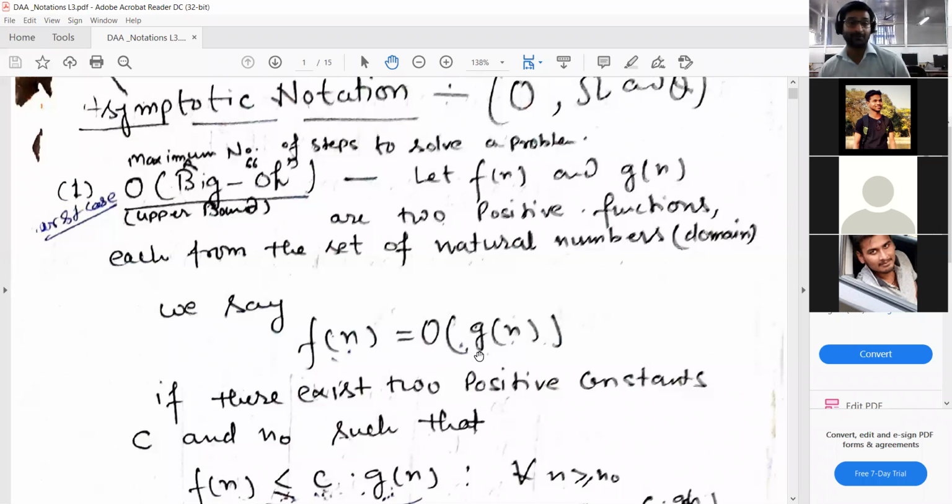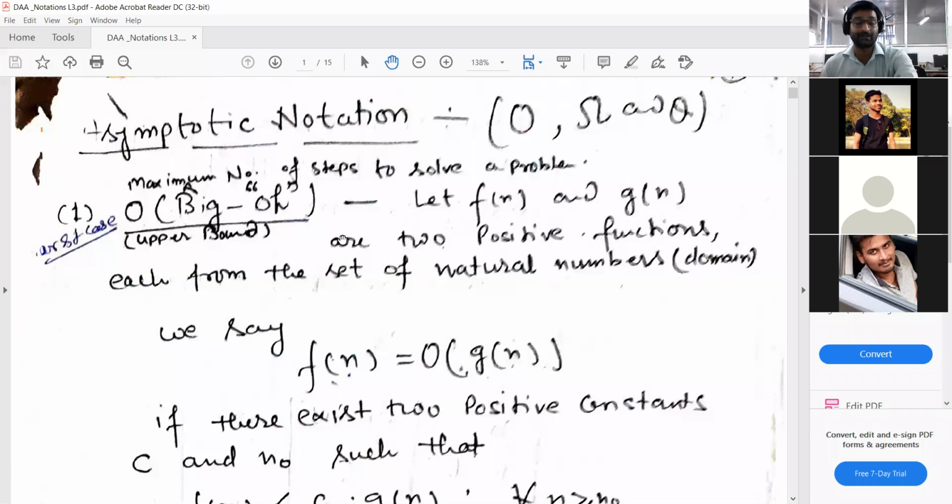So here comes the role of notation. So this is the meaning of asymptotic notation, that by using these asymptotic notations, you try to express the behavior of the algorithm. Okay, using those asymptotes, simply like n log n, like that. Okay, so let us see what is big O notation.